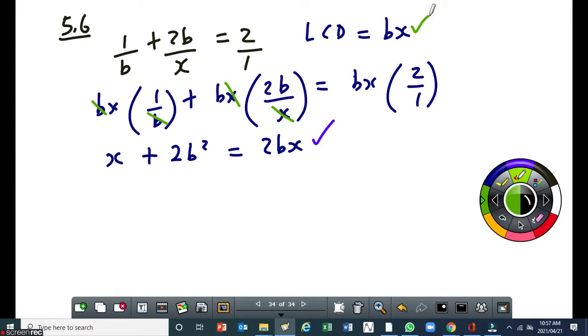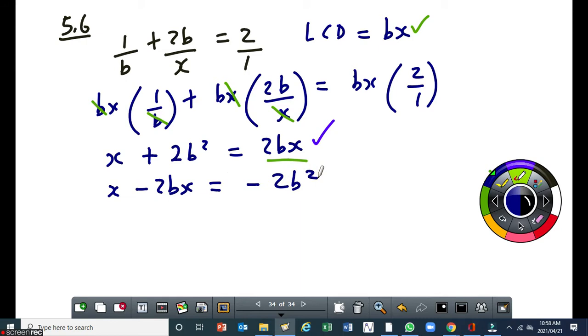So we are going to group the like terms, that is the terms in x. I'm going to take this 2bx to the left-hand side. If I do that, I'll get x minus 2bx is equal to, then I'll take the 2b squared to the right, so I'll end up having minus 2b squared.